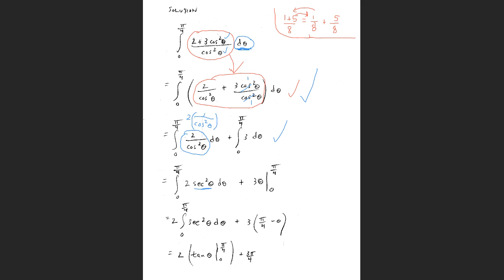Now the antiderivative of 3 is just 3 theta, that's easy. And the 2 in front of the 2 times secant squared theta, I'm going to bring the 2 out in front of the integral. And now I apply the evaluation theorem here.